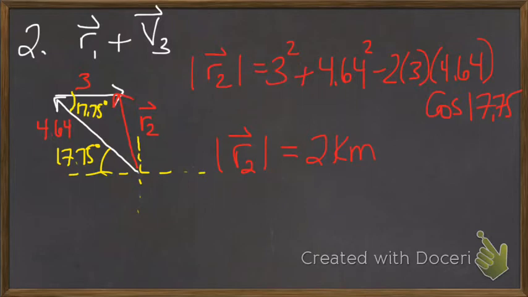So if we're looking at this carefully, we're thinking, well, if we know this is 17.75, how can we solve for another unknown angle? We can very easily solve for theta.